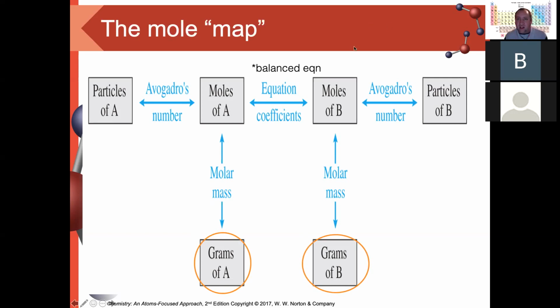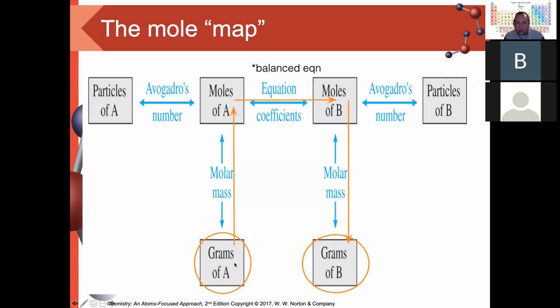Well, that's actually not that difficult, because all I have to do is follow the map: turn the grams into moles of the first substance, turn the moles of the first substance into moles of the second substance, and then turn the moles of the second substance into grams of that substance.